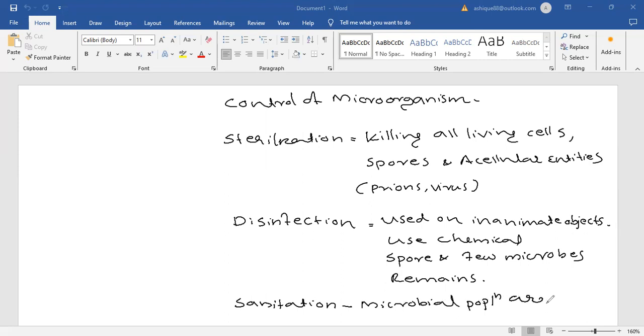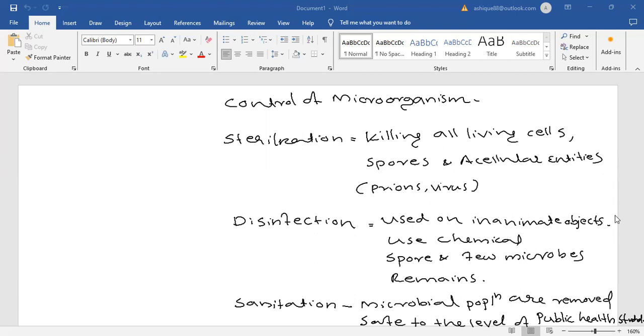Microbial populations are removed to a level that is safe, listen to that point very well, safe to the level of public health standard. That is known as sanitation. So sterilization is there, disinfection is there, and sanitation is there.